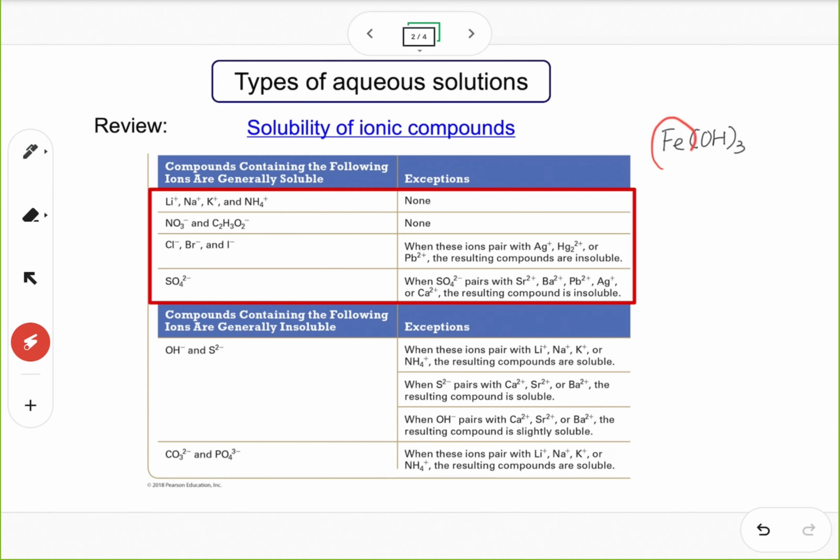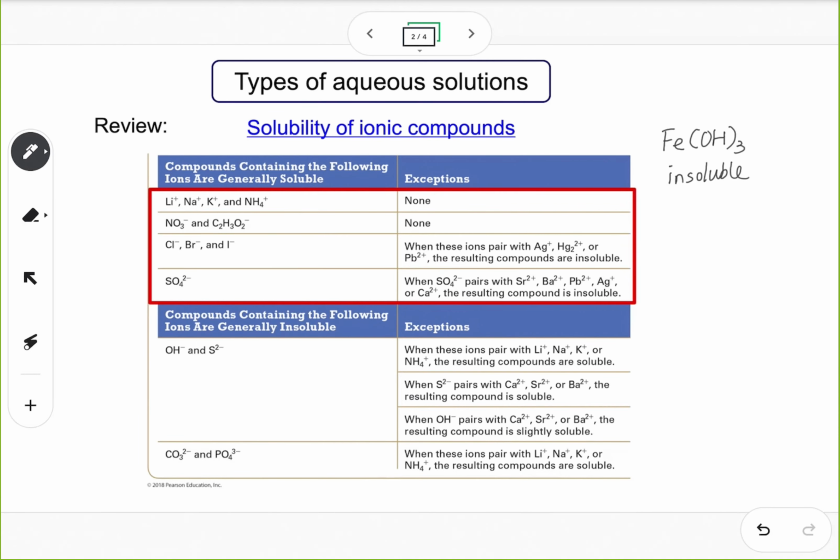Well, the iron cation is not in this top part. Hydroxide is not one of the exceptions in this top part. Therefore, it's outside this top part. It's insoluble in this case.